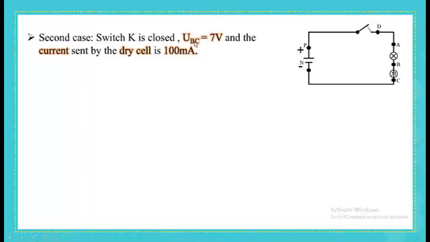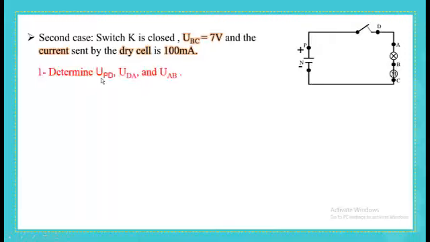Here we have a given concerning voltage. The voltage UBC, which means the voltage across the terminals of the motor, is equal to 7 volts, and the current which is sent by the dry cell is 100 milliamperes, so this is the main current. Let's start with the first question.